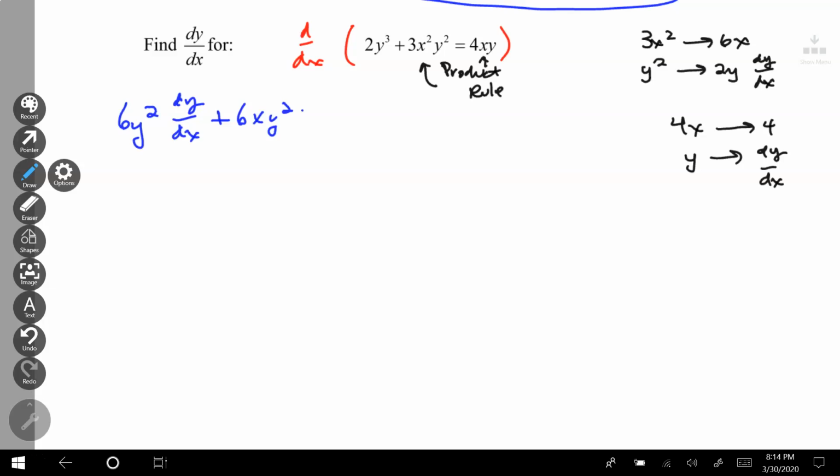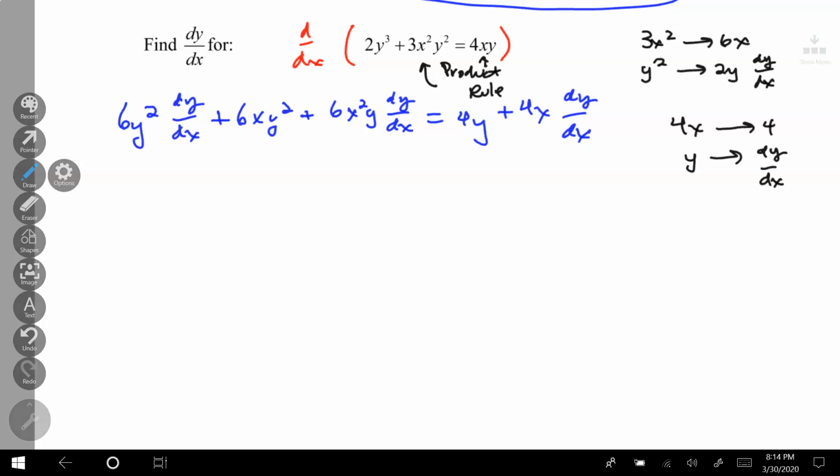The other crisscross is going to be plus 6x squared y dy over dx is equal to, again I got to do the product rule, one crisscross is 4y, the other crisscross is plus 4x dy over dx. That is the first step in doing the implicit differentiation.